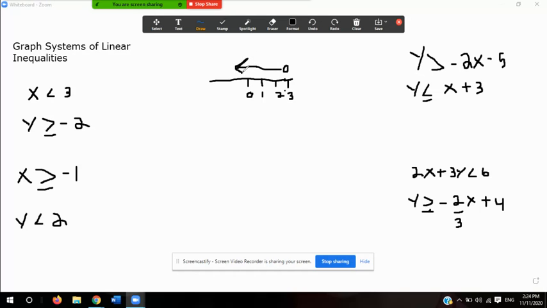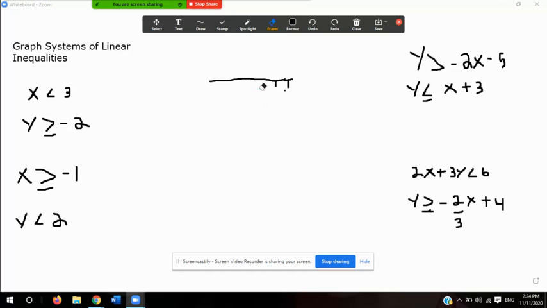But we're not going to see it in terms of a horizontal number line. We're actually going to see it in terms of a vertical or a coordinate plane, which means that this is going to vary just a little bit. So how would I graph this if instead of using a horizontal number line, I would actually be using a vertical or a coordinate plane?